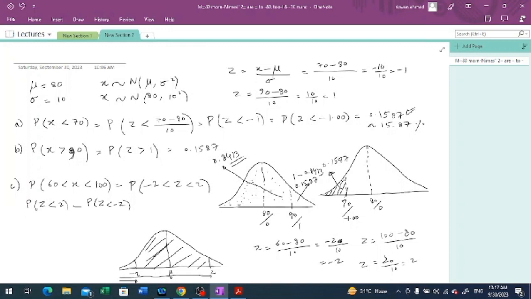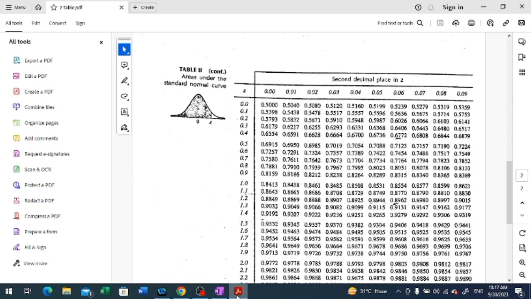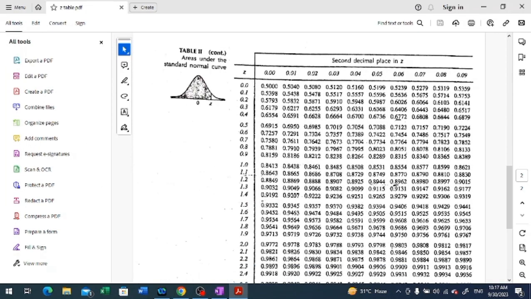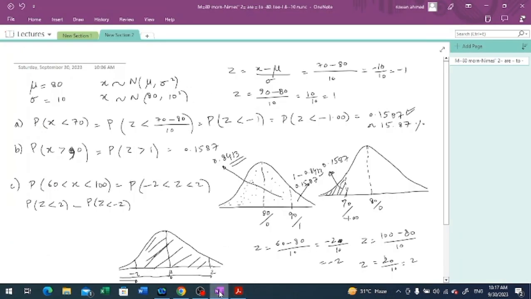If we refer to the table again, we can locate the value across z of 2 as 0.9772.